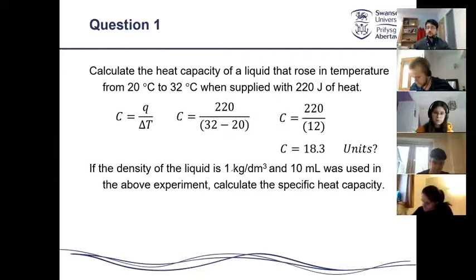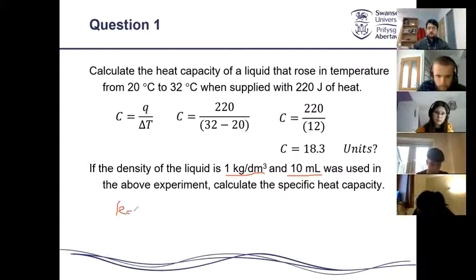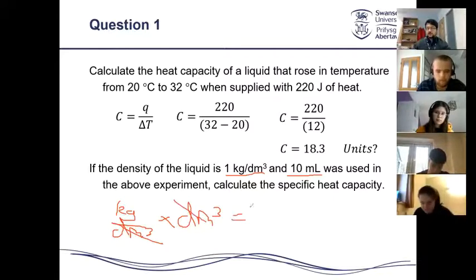We've been given the density of the liquid and the volume. And if you can see, density, the units are mass per volume. So if we're to multiply mass per volume, kilogram per cubic decimeter, by volume, if it was in cubic decimeters, these would cancel, and it would therefore equal the mass.